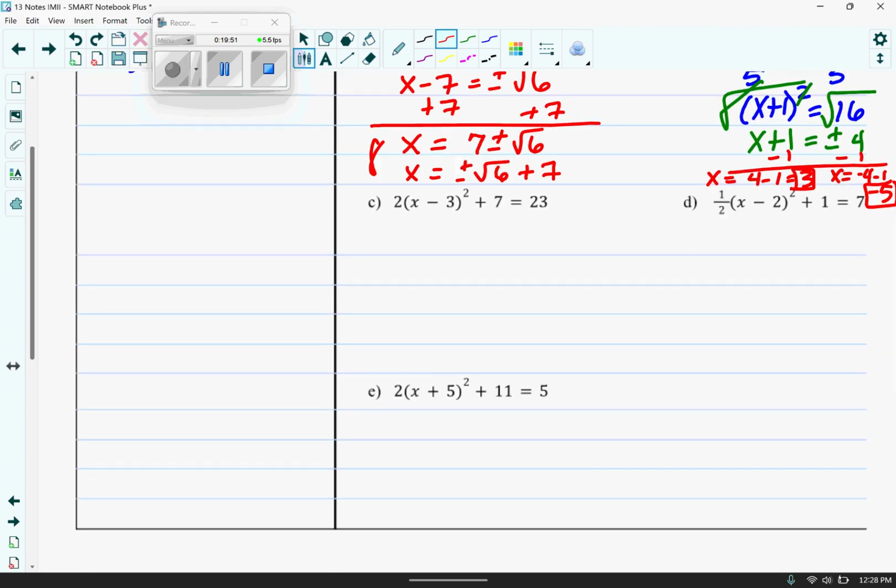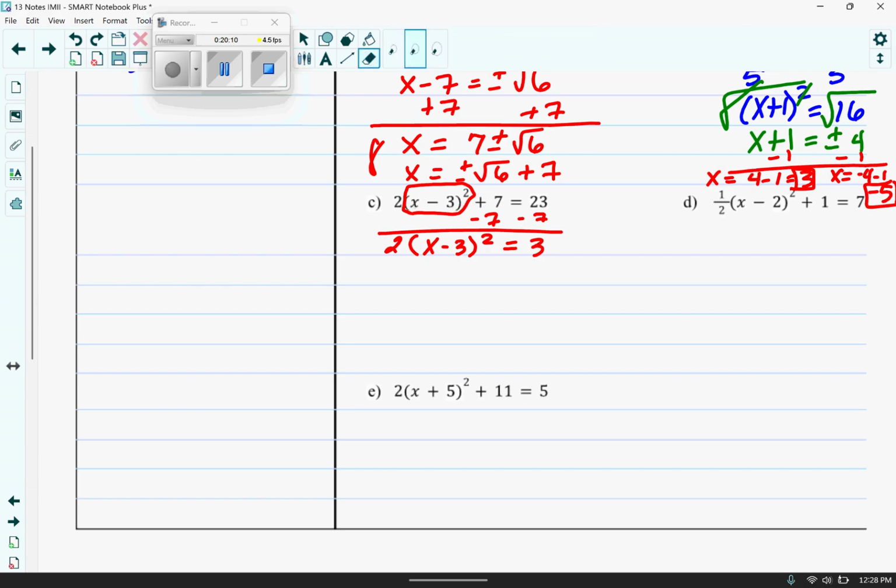On C, we want this portion alone first, right, because it has x squared on it. So we're going to take away 7. So we have 2(x minus 3) quantity squared is now equal to 23 minus 7, and 23 minus 7 is 16.